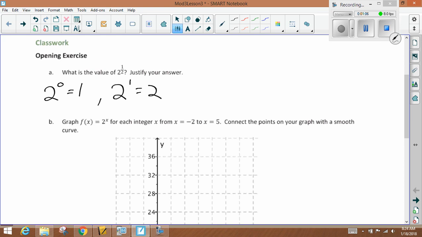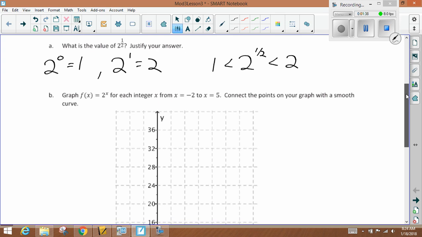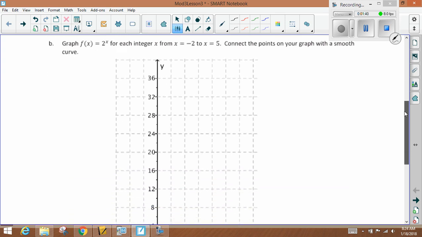So then it seems to me that it must be the case that 2 to the 1/2 power is somewhere in between 1 and 2. About the closest I can get, just kind of guessing at it, right? I know it's between 1 and 2. Where exactly? I don't know. It's 1 point something. But we can't know exactly what it is without the use of a graphing utility or a calculator, period.